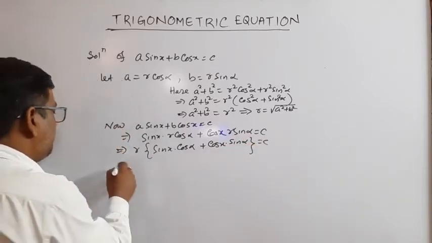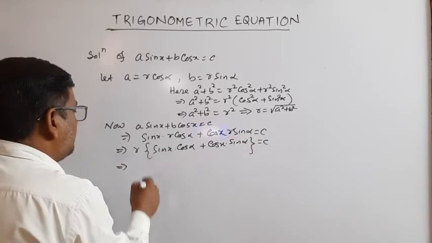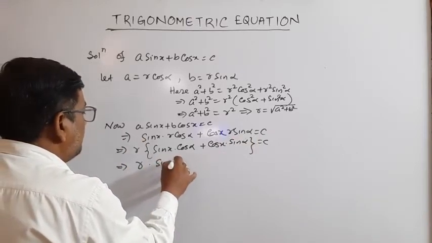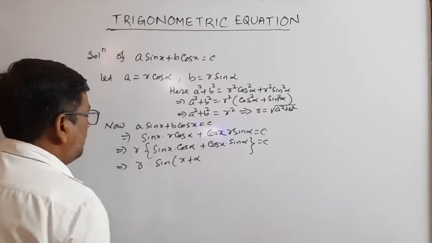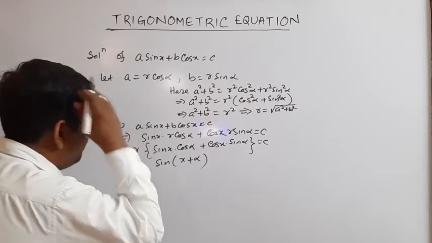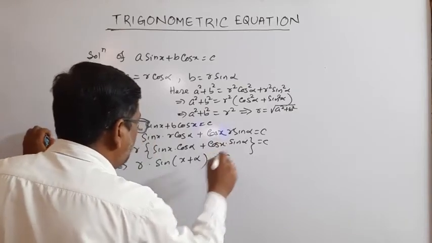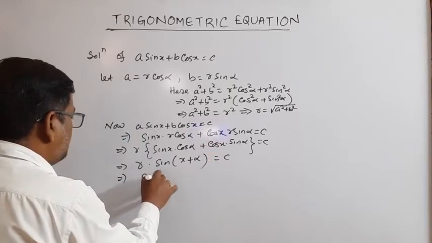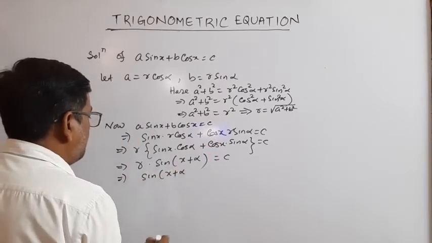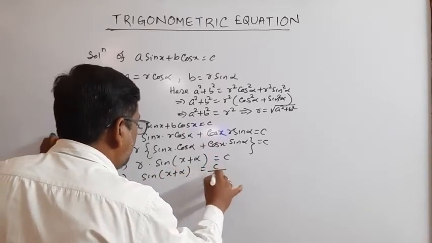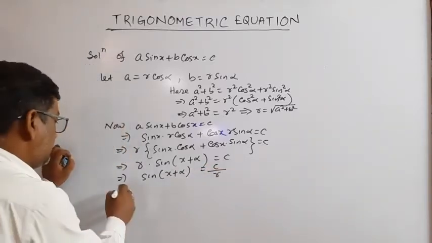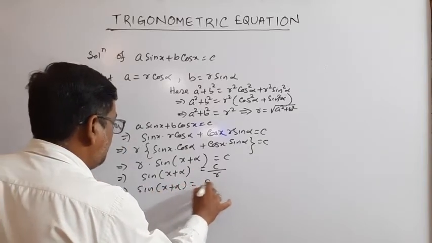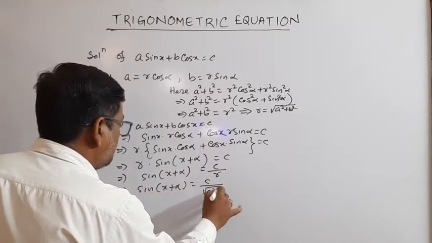So that is r of sin of x plus alpha is equal to c. So sin of x plus alpha is equal to c by r. That implies sin of x plus alpha is equal to c by root over a square plus b square.